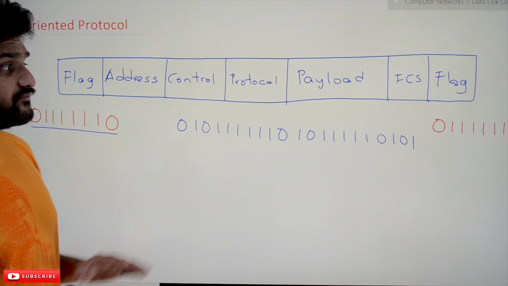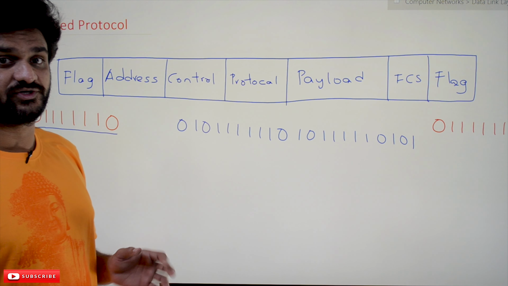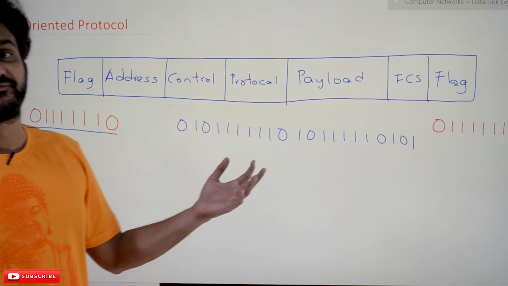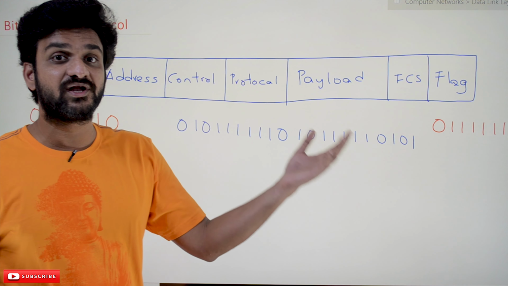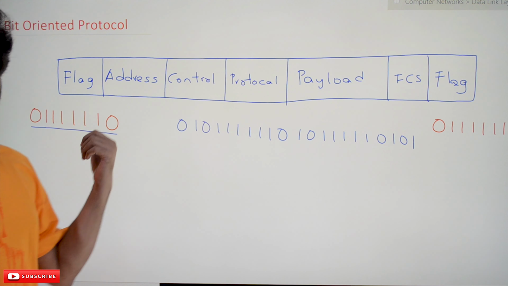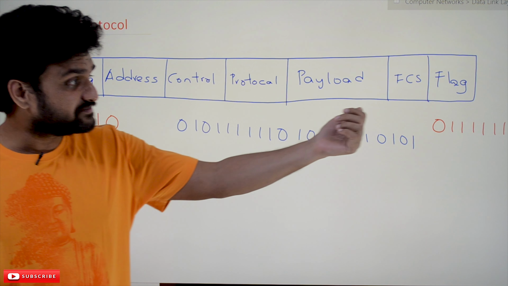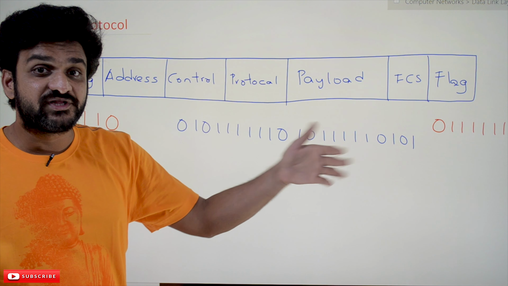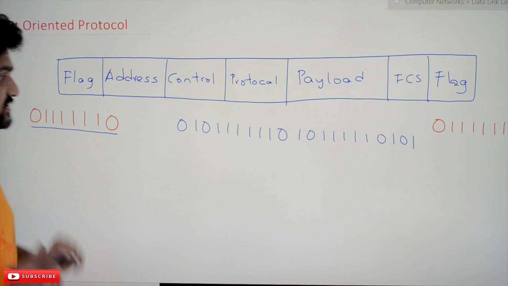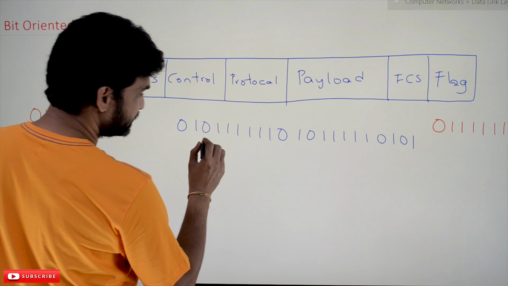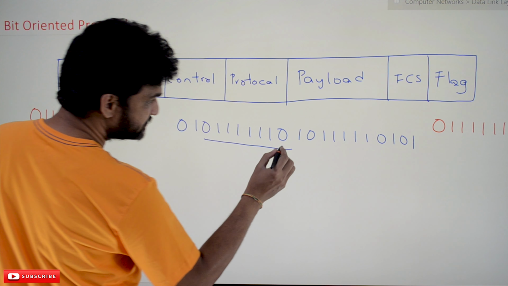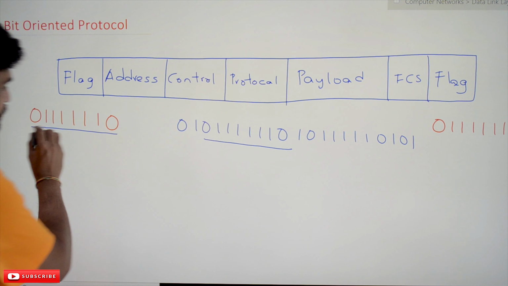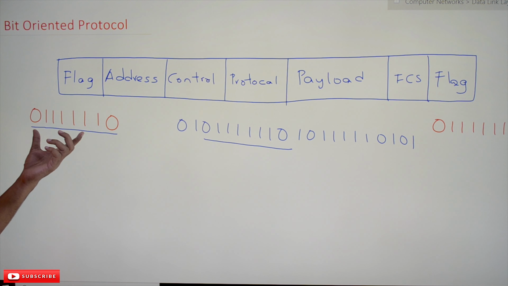Okay, so now what is the problem with this kind of approach? The same problem that we have faced in the character oriented protocol. The same delimiting character or the same sequence of bits of the flag symbols may be obtained within the data. Let's try to understand this. For example, if you take this sequence of bits, this sequence of bits is the same as that of the end flag symbol.